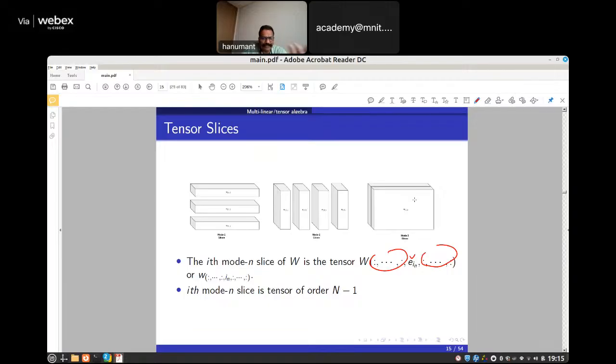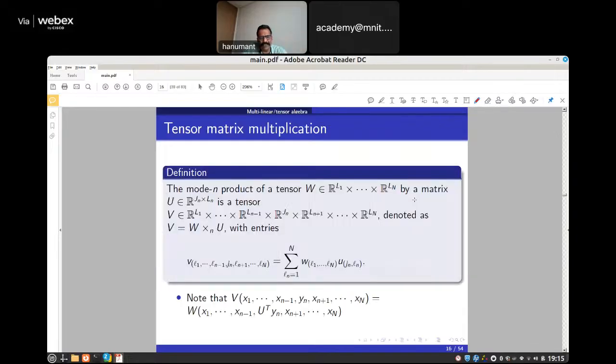Just remember that if it is a three-dimensional structure of data, you can arrange it in lines or in planes. But this entire exercise was to do tensor and matrix multiplication.